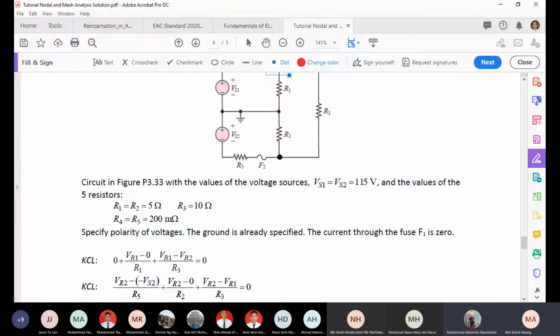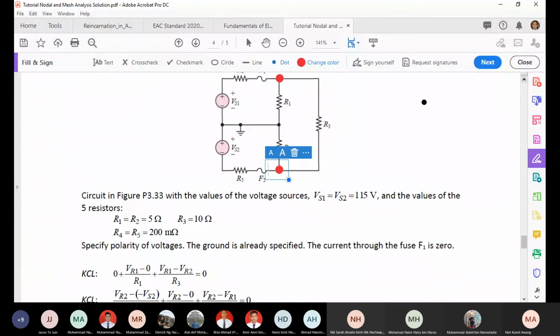At this point, the first one: this is actually just the current through R1 and the current through R3, because the current here is 0. This node only has 2 branches.